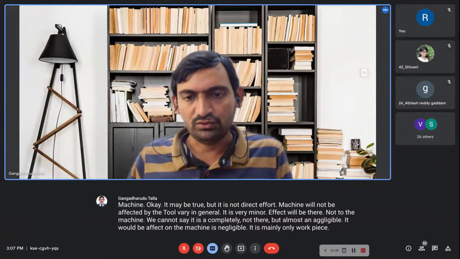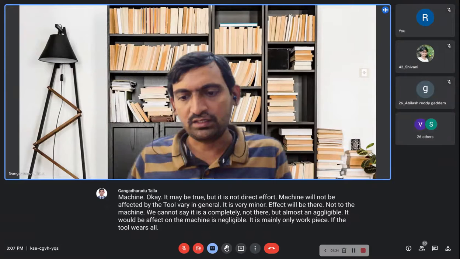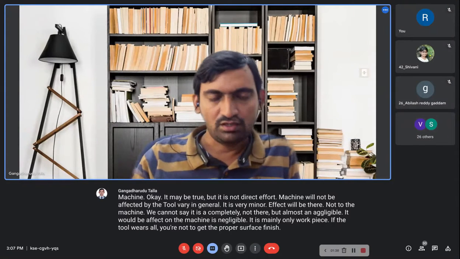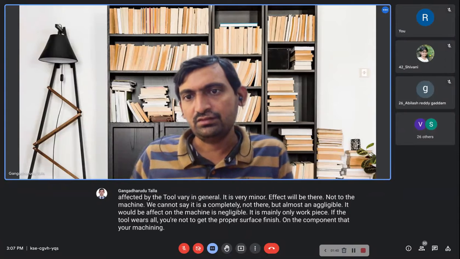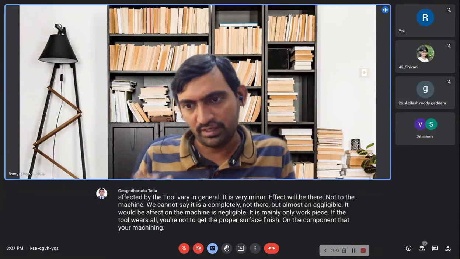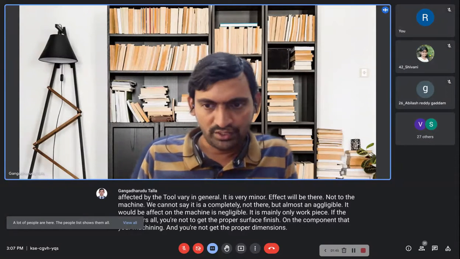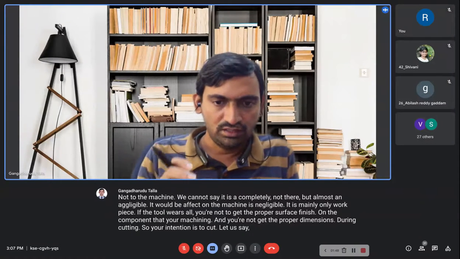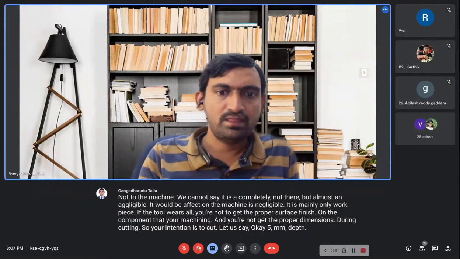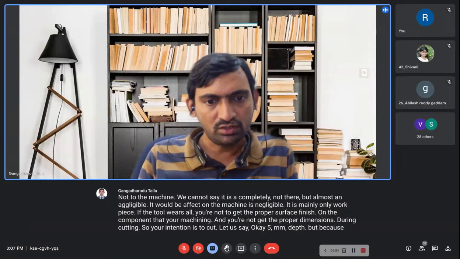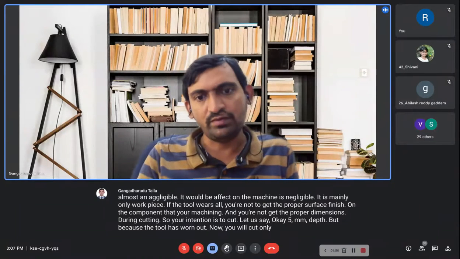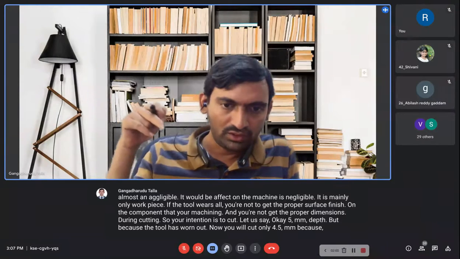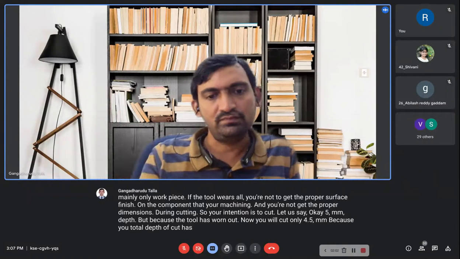If the tool wears out, you will not get the proper surface finish on the component that you are machining, and you will not get the proper dimensions during cutting. So your intention is to cut, let us say, 5 mm depth, but because the tool has worn out, now you will cut only 4.5 mm because your total depth of cut has reduced effectively.